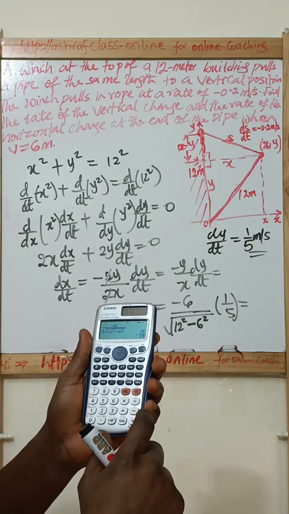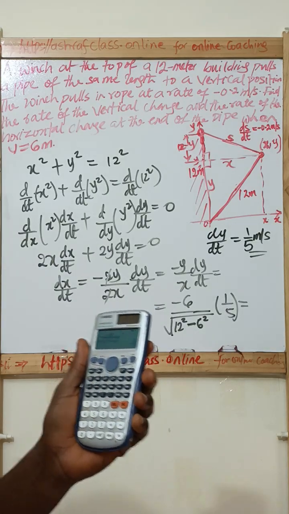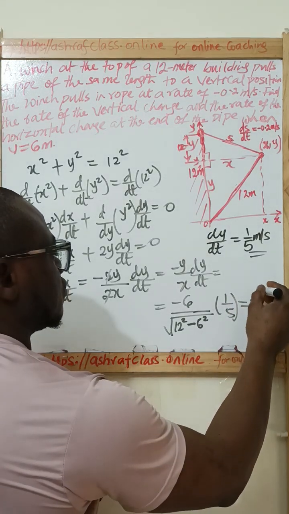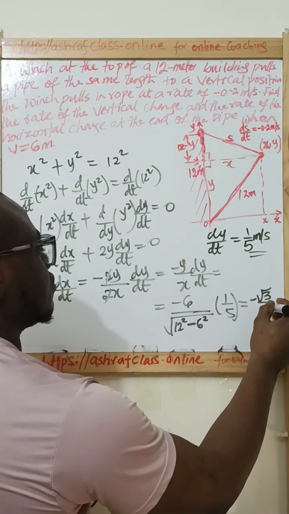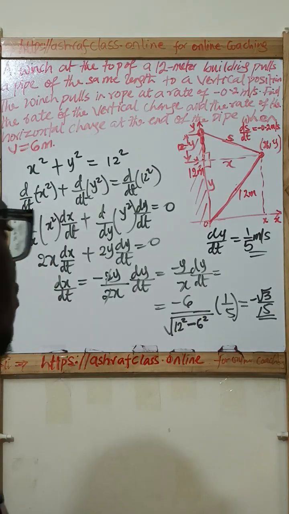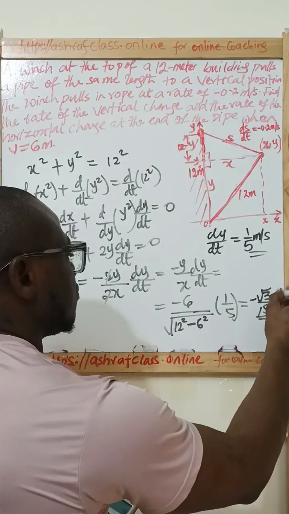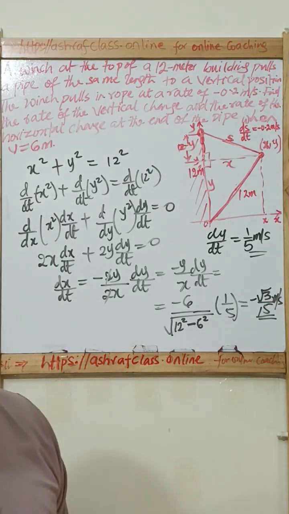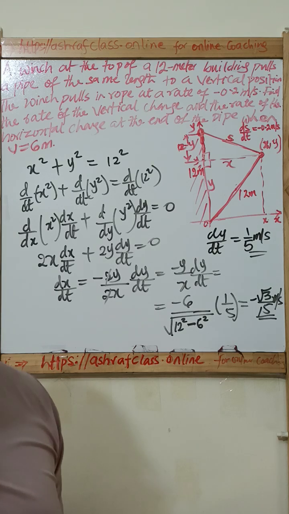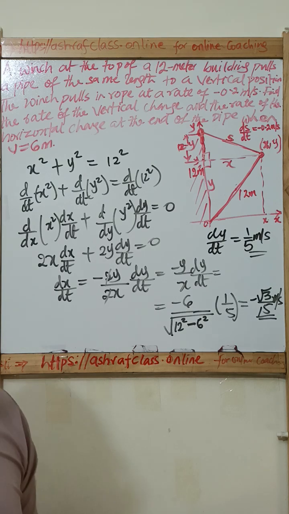And that will be minus root 3 all over 15. Minus root 3 all over 15. Okay, so that's the value of the dx dt, meters per second. So those are the values we're asked to find. Okay, thank you.